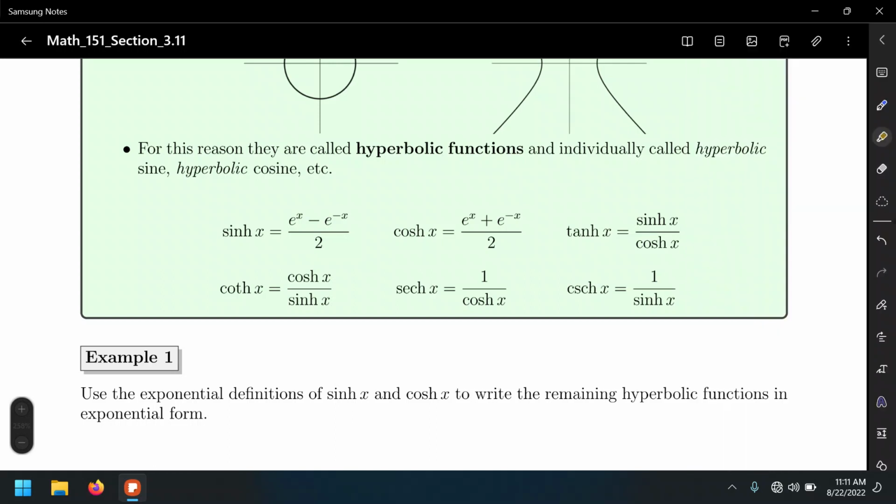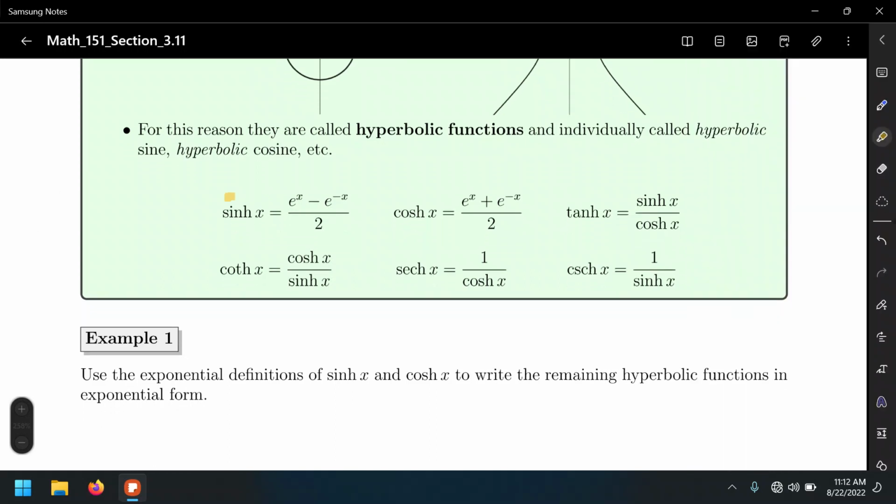So, for example, the sinh function is highlighted here. I'm going to highlight the two definitions that you need to know to derive the other remaining hyperbolic functions. All you need to know is these two functions, and in fact, they both look very similar.